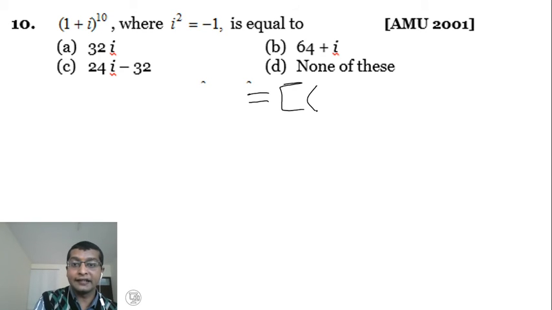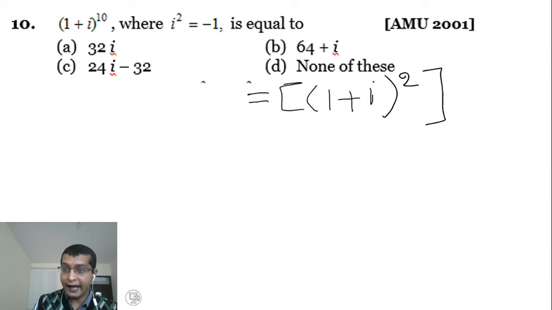So I take this as 1 plus i raised to, yes, you can guess this, raised to 2, and 2 fives are 10 here.